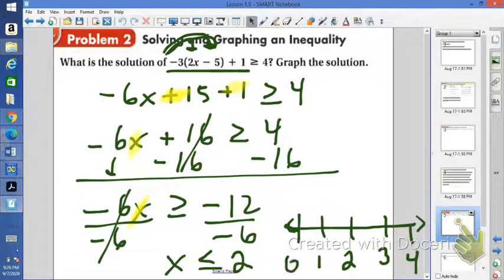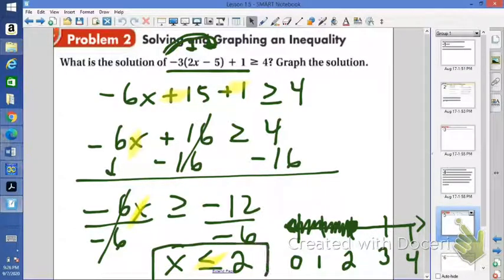So we got a couple numbers to the left and to the right of our boundary point, which is 2. Now this is less than or equal to, so that would indicate a closed circle on the boundary point 2. And our x's have to be less than that, less than or equal to that. So I'm going to shade to the right there.